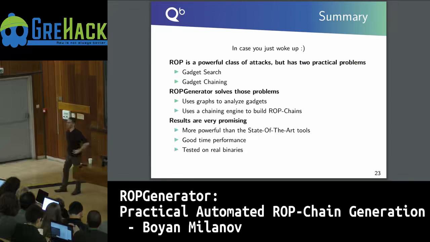It turned out to be not so efficient, because SMT solvers are very powerful, but the drawback is that they turn out to be quite slow. If you want to combine gadgets and then solve the ROP chain with the solver, you have a combinatorial explosion and the computation time takes too long.